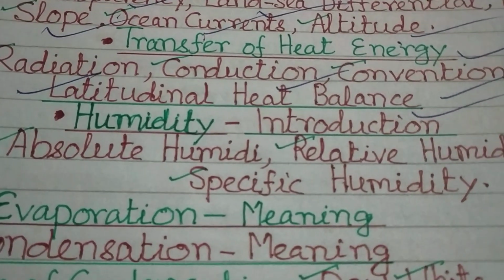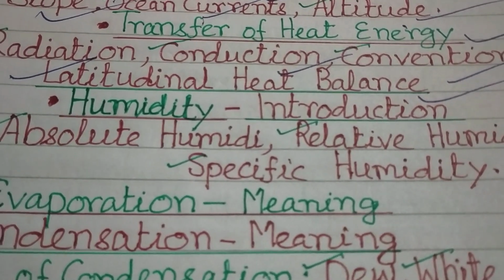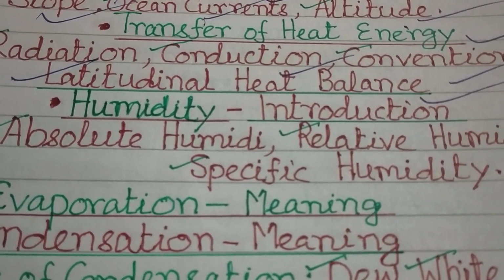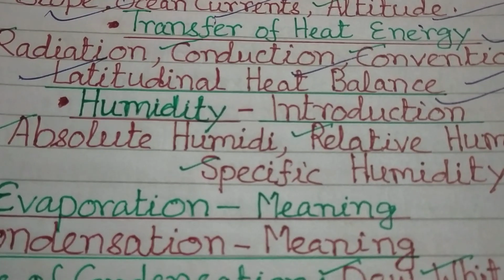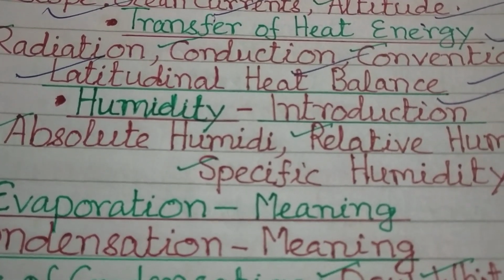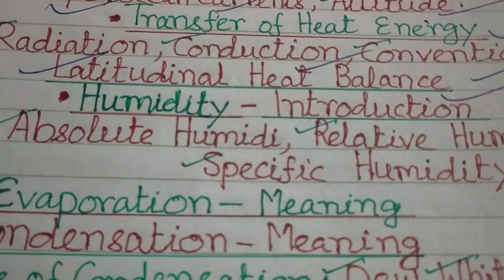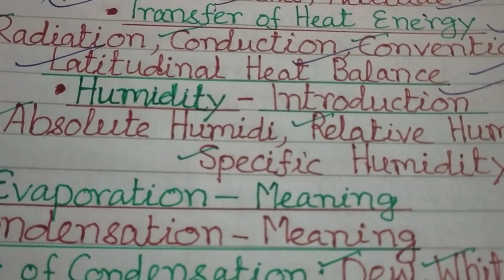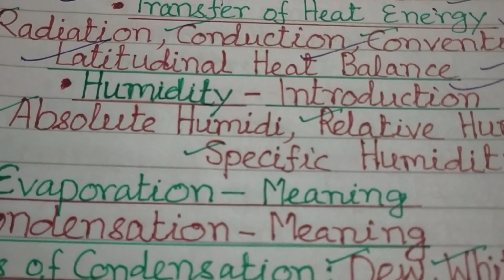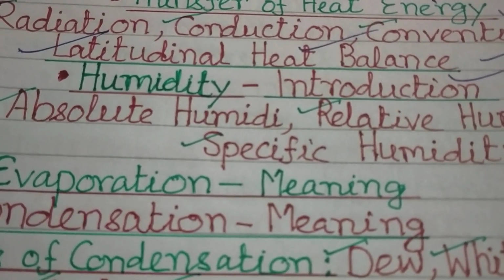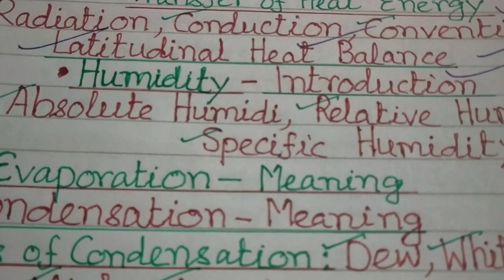And finally, latitudinal heat balance means that in spite of the heat balance maintained by the earth, the amount of insolation received varies from latitude to latitude. It decreases from the equator towards the poles. At latitudes below 40 degrees, more solar radiation is received than is lost to space by earth.